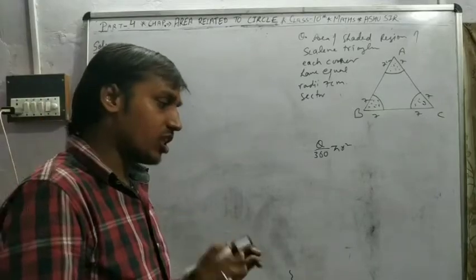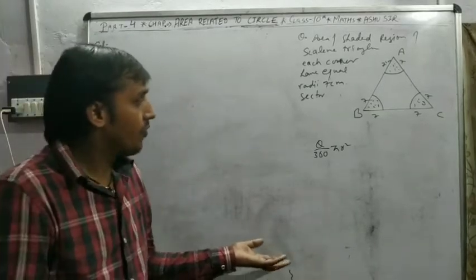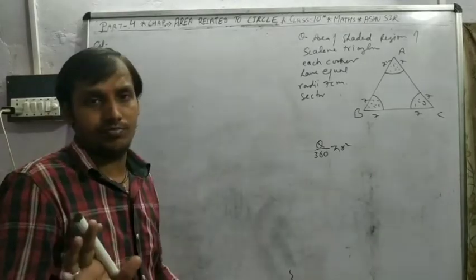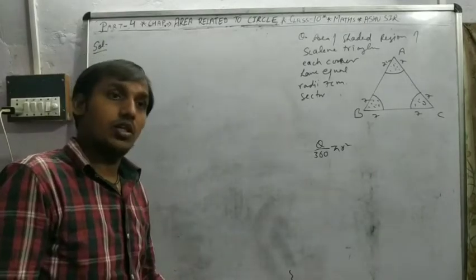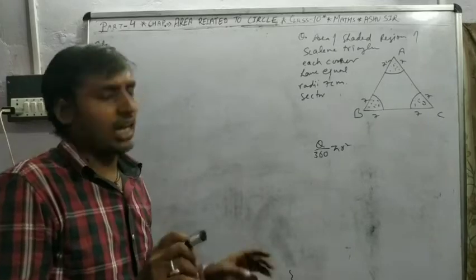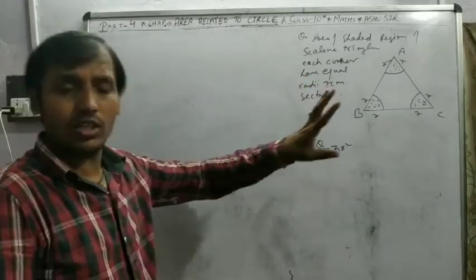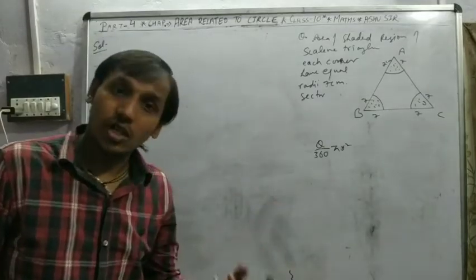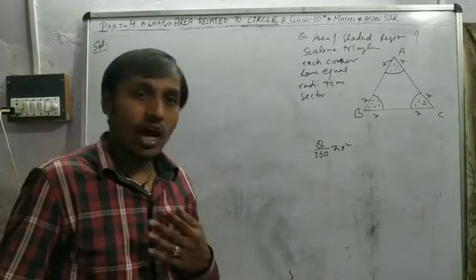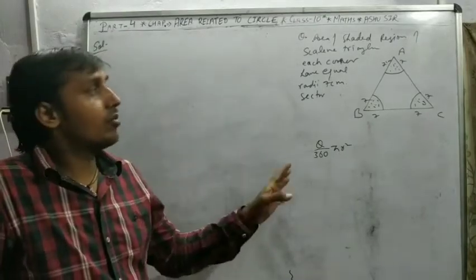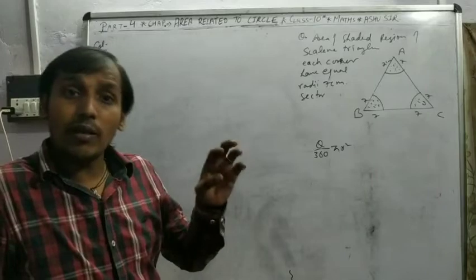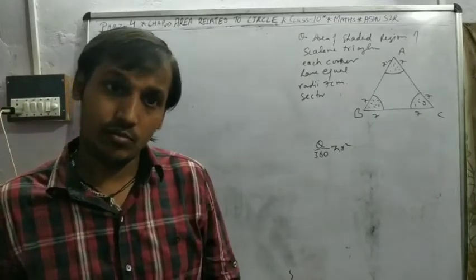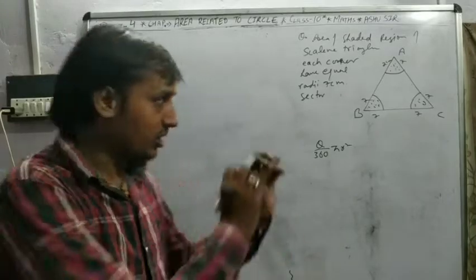If in the examination you think you have no idea how to solve it, please don't give up. Don't give up. If the question is for 3 marks and you are not able to solve it fully, try to solve it for 1 or 2 marks, because we know the sector formula.